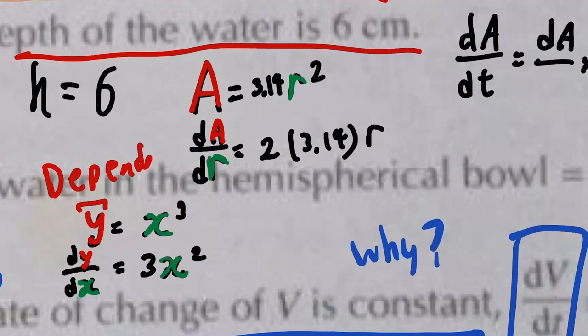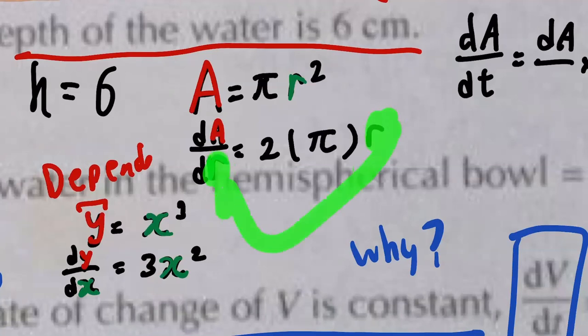Of course, we want the exact value, so don't use the approximation 3.14. We use the exact value, which is pi. Is it clear? So R at the bottom because the variable is R.